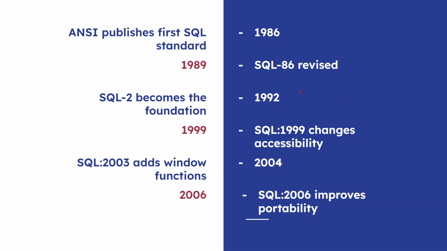SQL-86 gets revised in 1992, and SQL-2 becomes the foundation, and then later on SQL-1999 becomes SQL-3 because it changes accessibility, and the updates following are just quality of life updates.